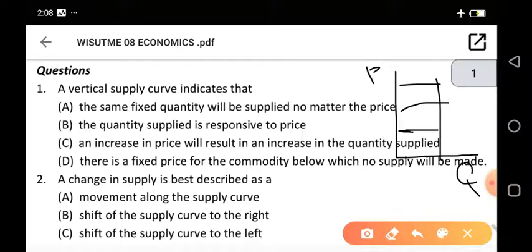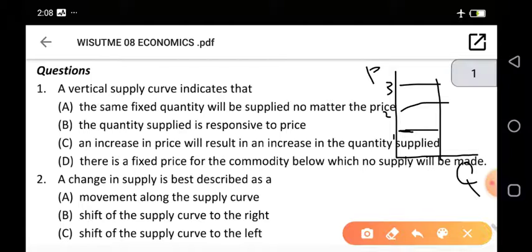If the price increased from 1 to 2 to 3, the same quantity will still be supplied to the market. So having that knowledge, we should be able to give the answer to the question.